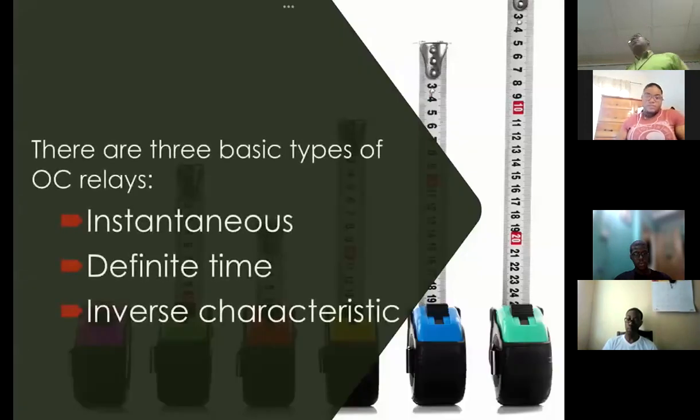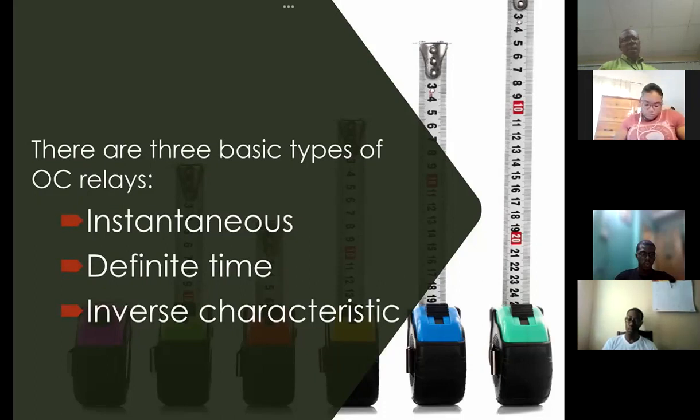Now, there are three basic types, and we mentioned them last week, right? So in terms of their operation, we have instantaneous, we have definite time, and we have overcurrent relays which carry an inverse characteristic. For the instantaneous, it simply means that once the current exceeds a particular value, we are going to have operation.